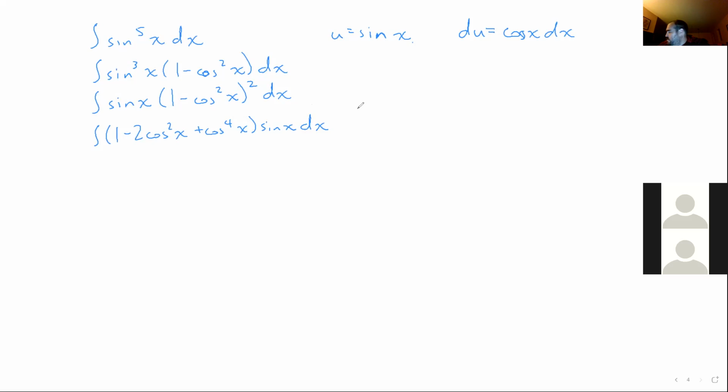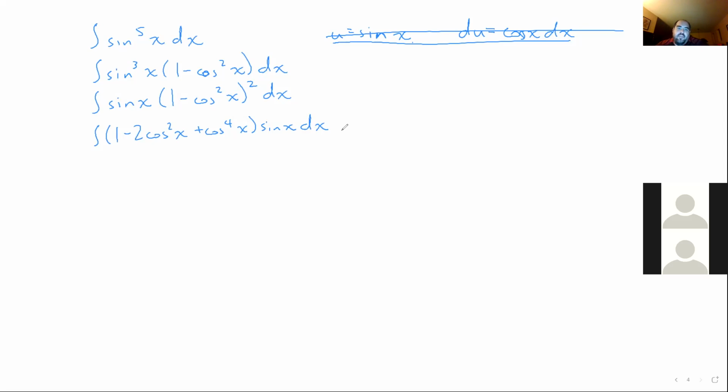You could substitute the sine x for u. If you go that direction, then you're going to have basically u times 1 minus 2 u squared plus u to the fourth. That's not the direction we want to go. So I think we thought we were going this way. It didn't end up working out. But this isn't a form now where we can do U substitution.